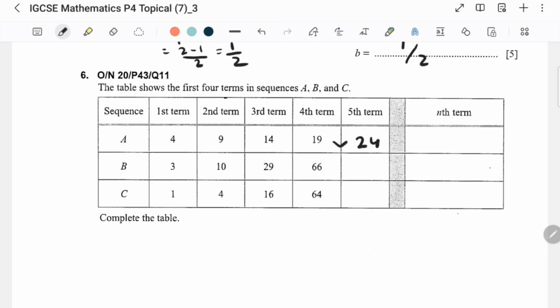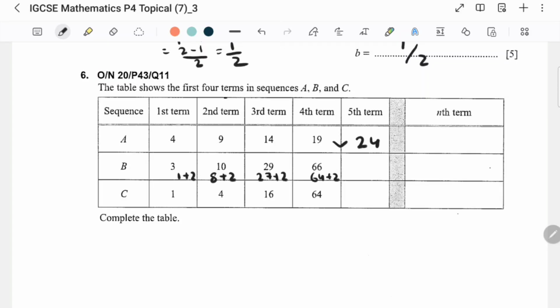I'm just assuming it: 1 plus 2 is 3, 8 plus 2 is 10, 27 plus 2 is 29, 64 plus 2 is 66.